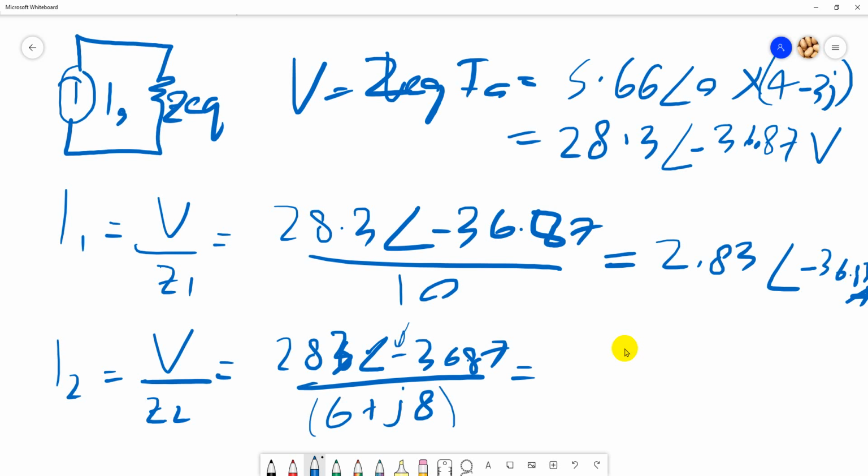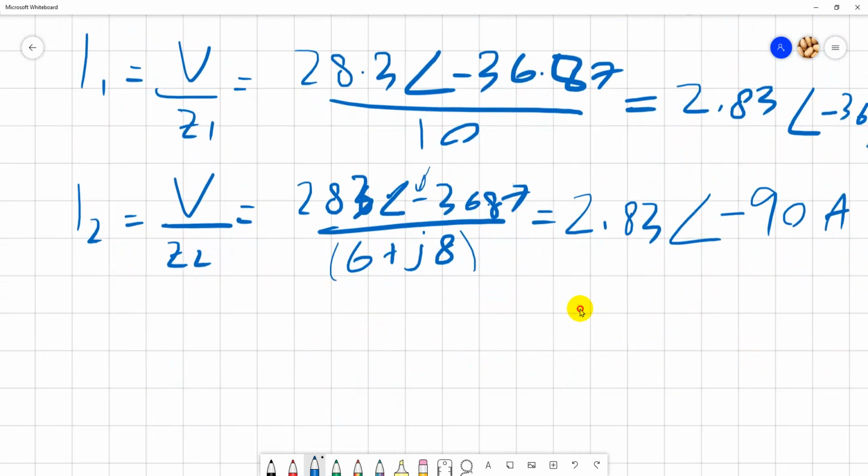After your calculation, make sure it is in polar form. You get 2.8, the angle is negative 90 ampere. So you get I2. So this method is much faster.